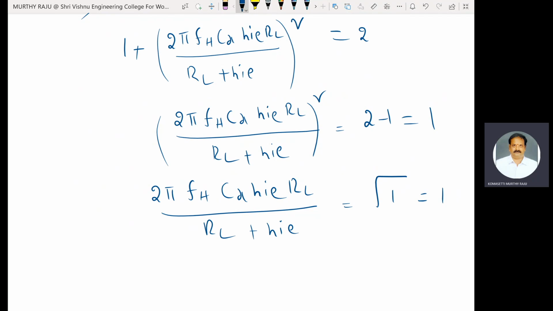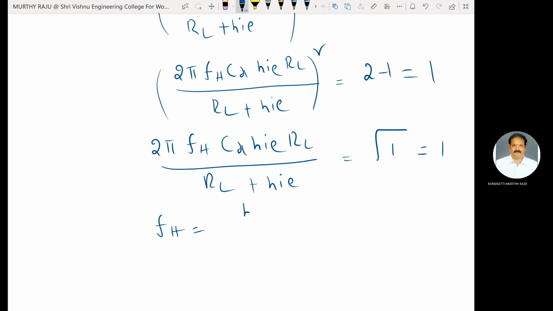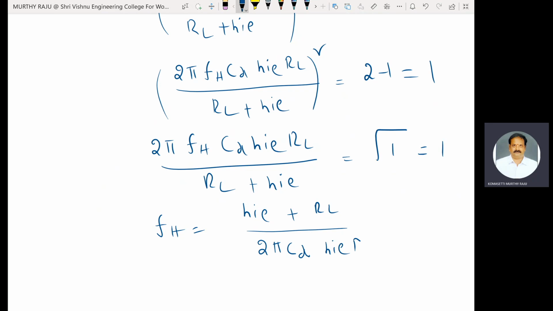Finally, FH is equal to RL plus HIE by 2 pi CD HIE RL. This is the upper cutoff frequency. CD plays an important role, the shunt capacitance or stray capacitance.